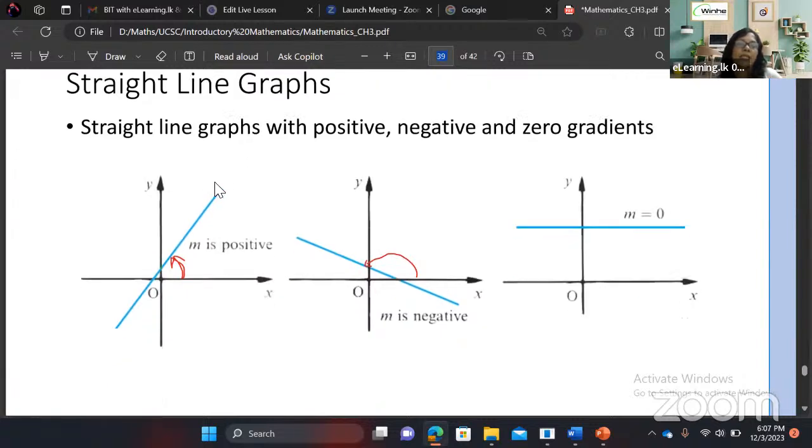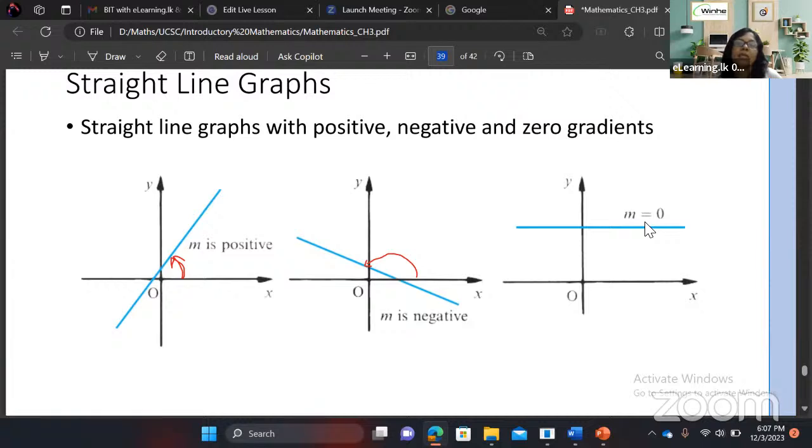As I said earlier, if the angle the line makes with the x-axis is less than 90 degrees, it is a positive gradient. If the angle is greater than 90 degrees, then it is a negative gradient.